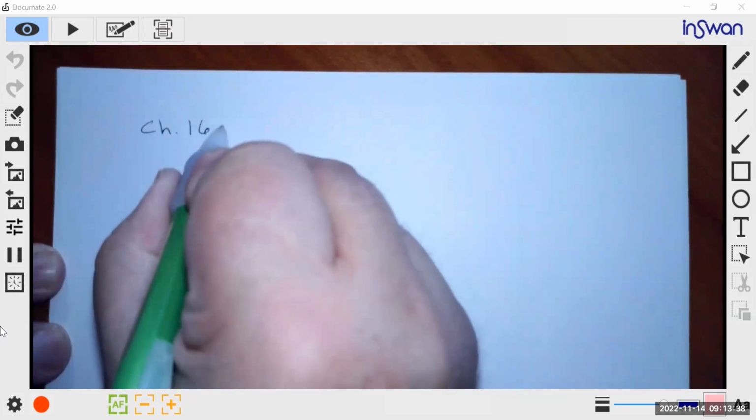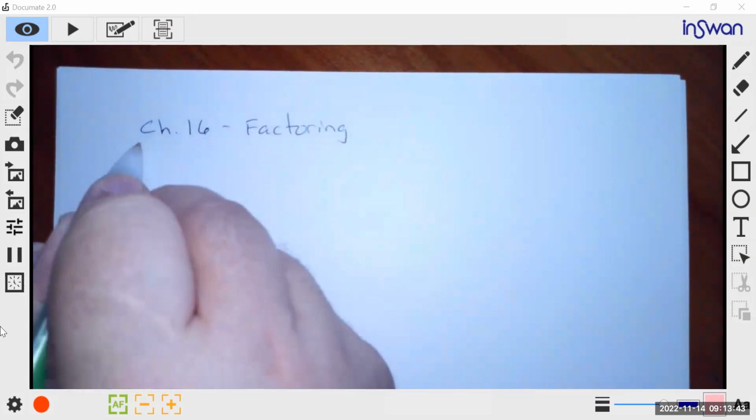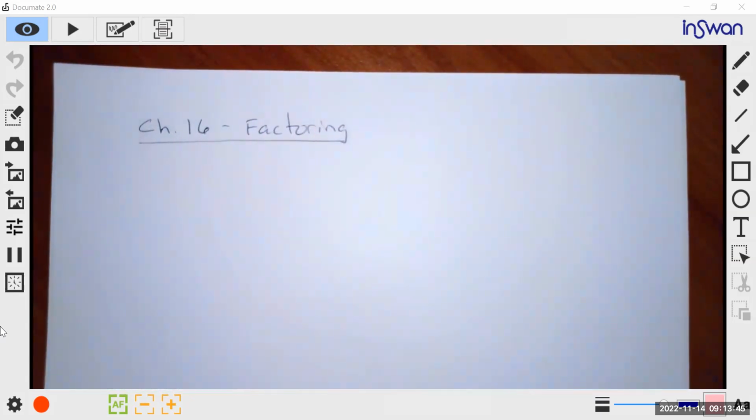Chapter 16 deals with factoring. You remember what factoring is?